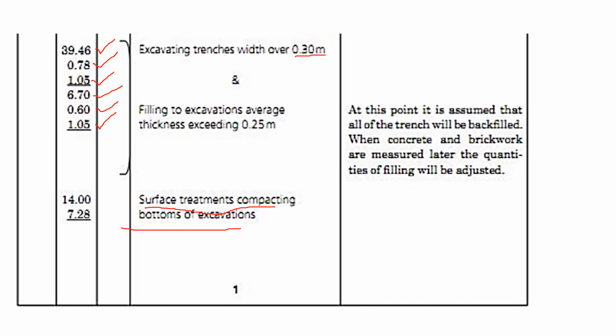So we reduced the level, the length was 14 and the width was 7.28. All that area we shall go compacting the bottoms, because even if we have excavated the trenches, we will compact the bottom of the trenches. So all that area, as long as it's flat, it's a bottom, we shall compact it. So it's 14 and 7.28.